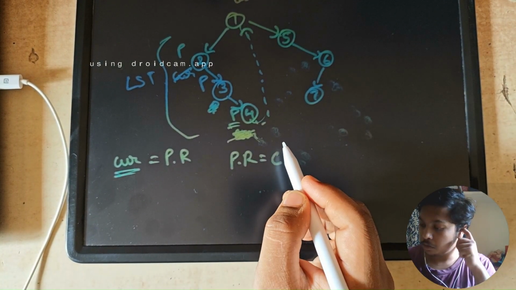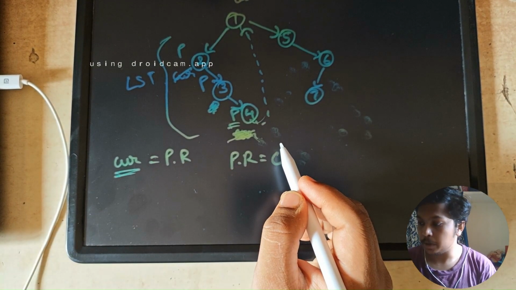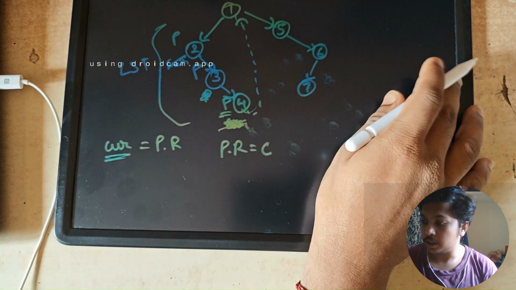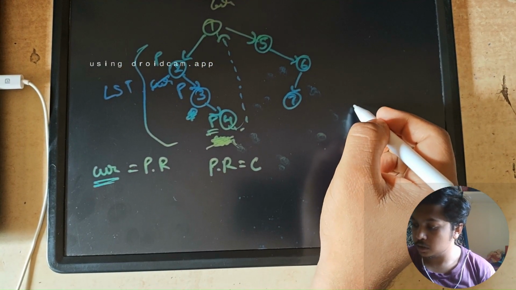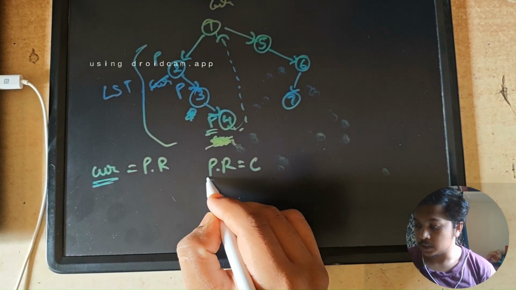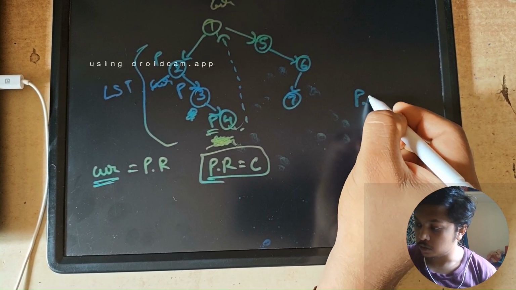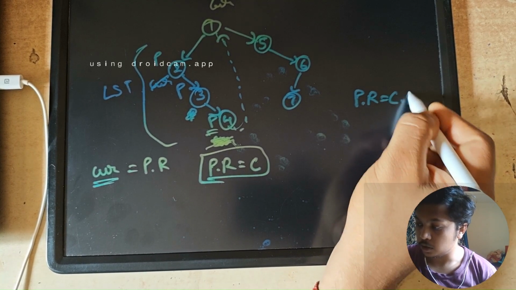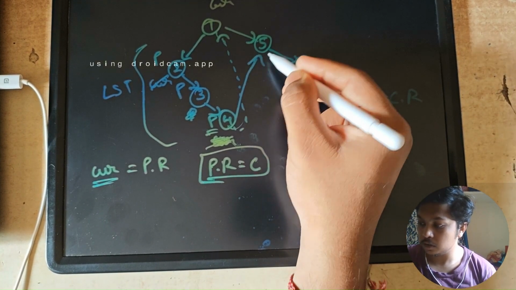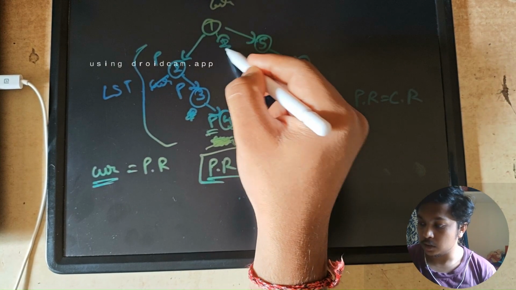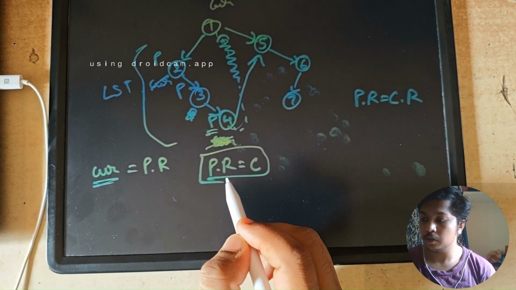So the same algorithm repeats. When I meet this condition, I will put previous dot right as current dot right, that is this one, and this linkage would be removed.